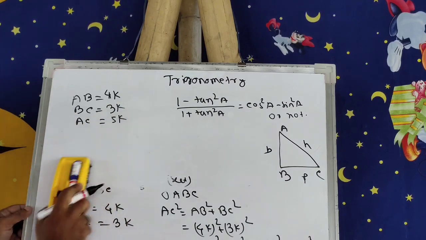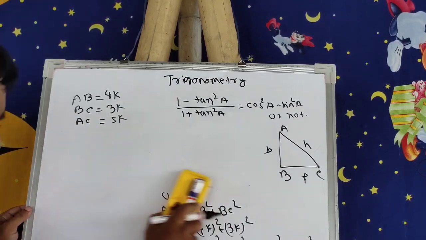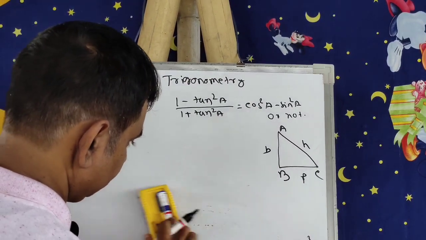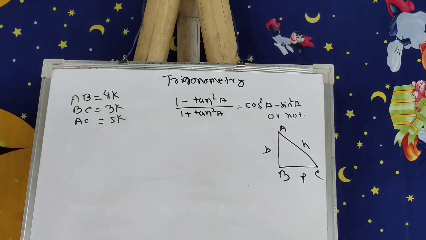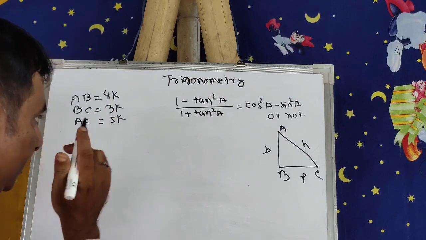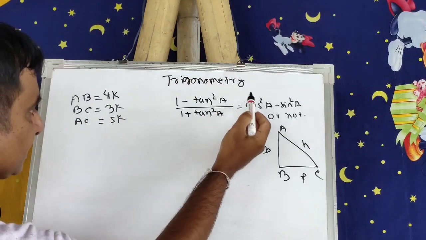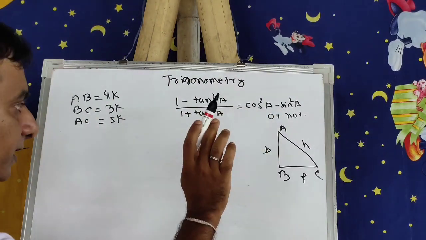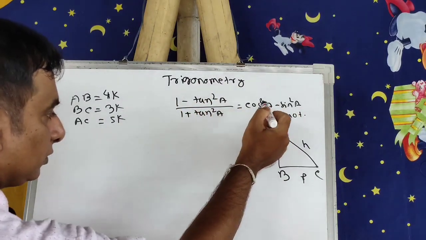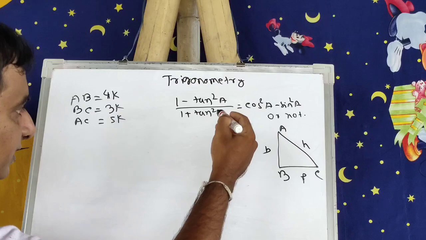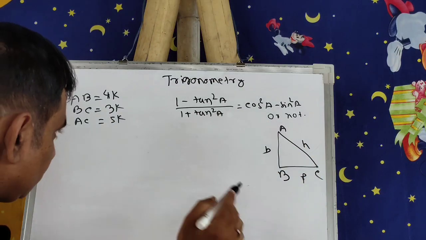Now I need to find out the value of tan A, sin A or cos A. The rest I will not find out because I require only these 3 trigonometric ratios. I will not find out cot A, cosec A and sec A. Understood?